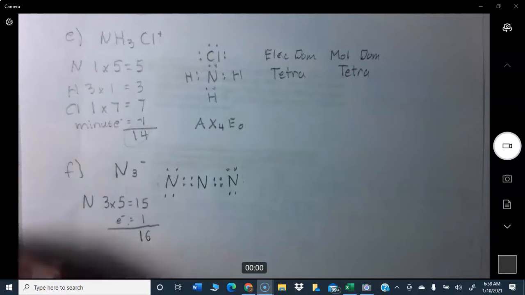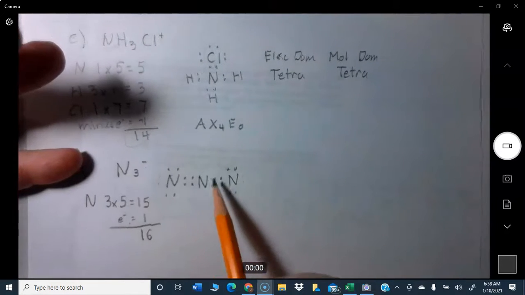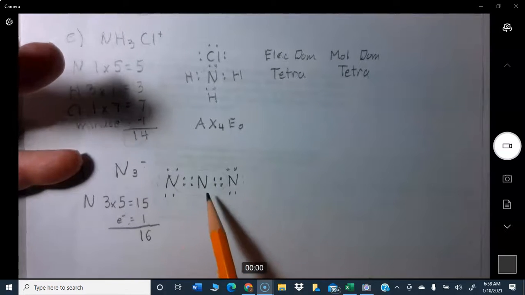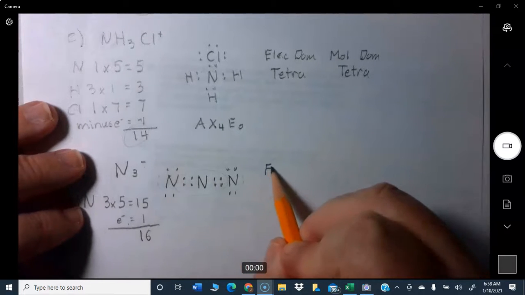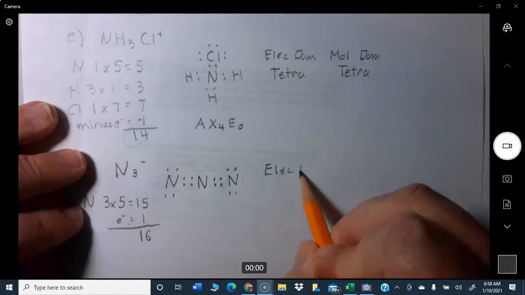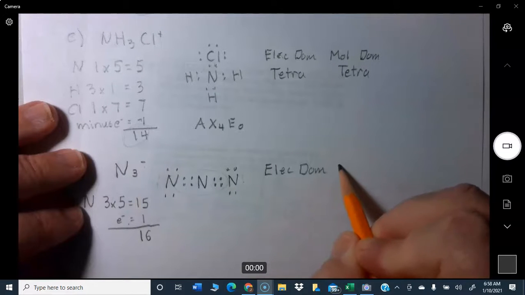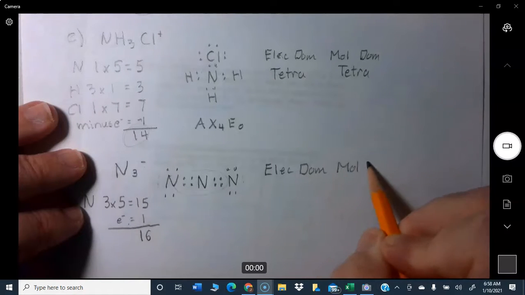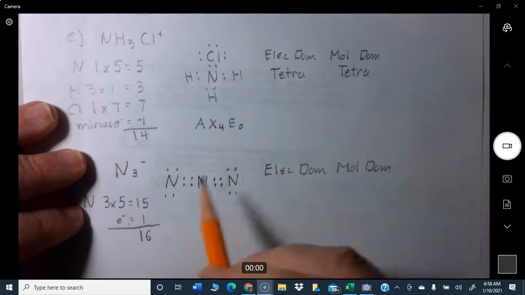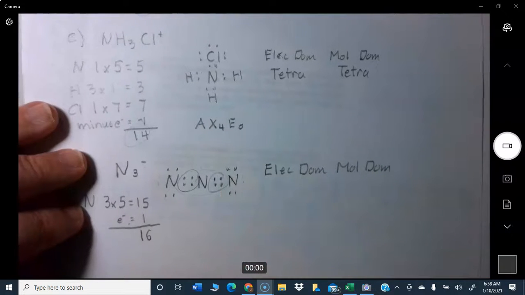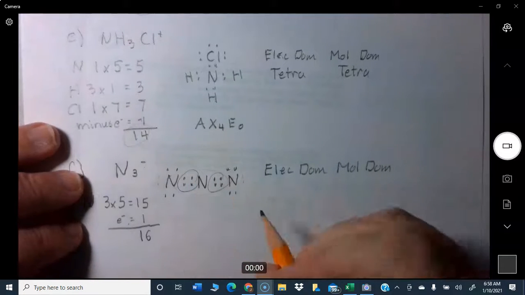All right, so we're interested in the central atom as far as electron domain and geometry. Okay, so it has 2 bonding domains, 1, 2, that's it. And it doesn't have any lone pairs.